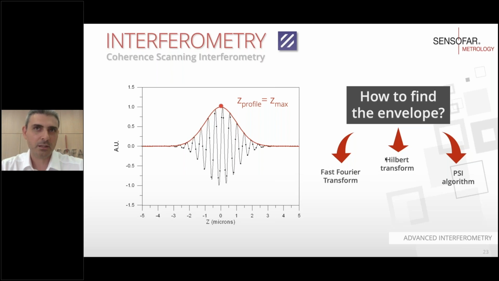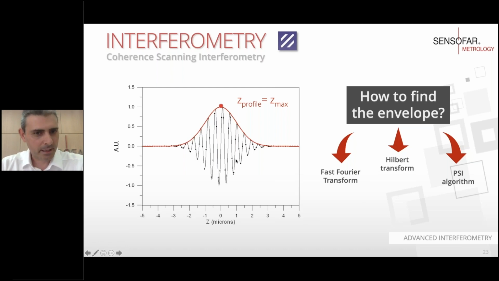That is similar to the axial response we explained in previous webinars on focus variation and confocal. The image you see on the screen now belongs to an interferogram for a single pixel, taken along 10 microns on the z-axis by shifting the position of the measuring sensor head against the sample and recording one image every lambda over 8. These are the black points here.